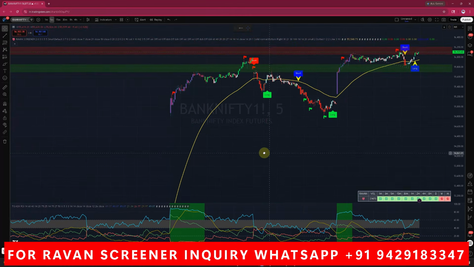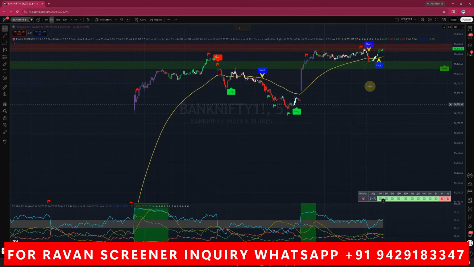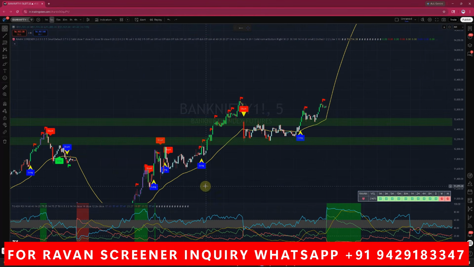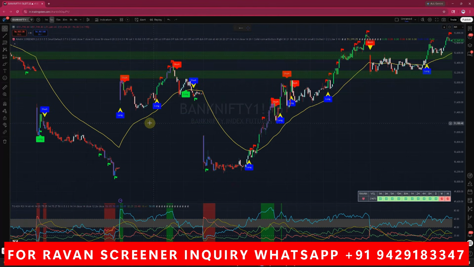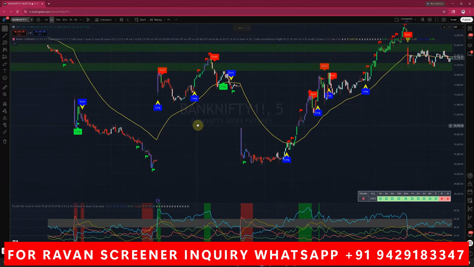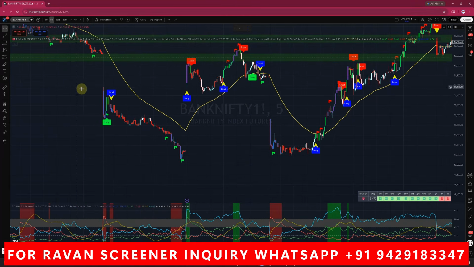Let me show you some other conditions. Here is the range market after the signal, so it's not like that. I want to show you that conditions are matching but signals are not performing. Yes, also always look for this. Make sure whenever there is a gap up or gap down, you can see here there is a market gap up, and on the first candle you're getting a long signal with all conditions matching.